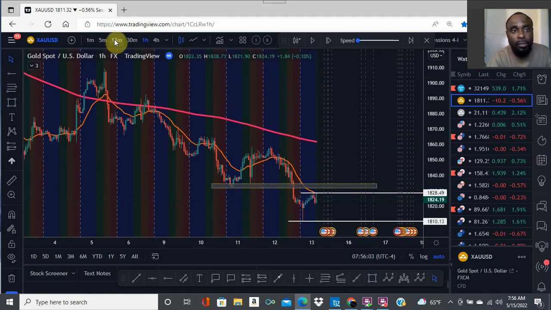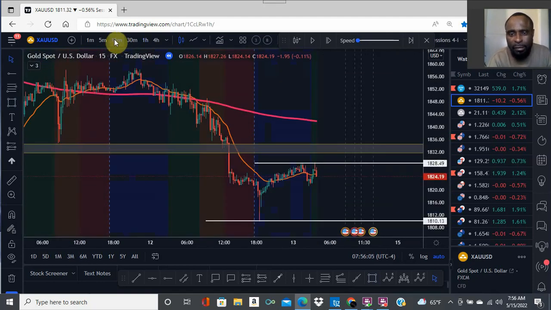Now I'm going to go down to the 15 minute to try to get a better entry. If we look at the 15 minute, we see price was pulling up. We had a rejection of this area twice.